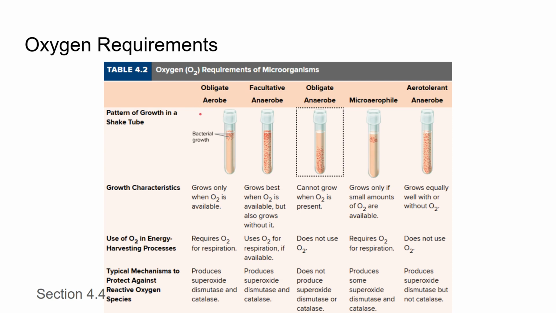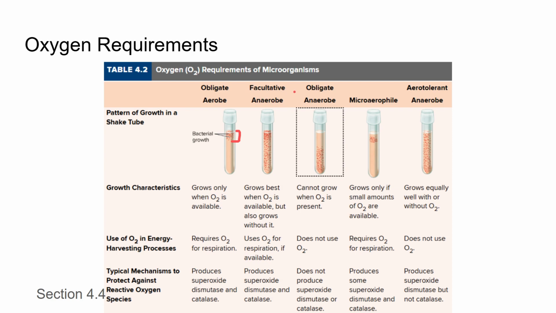These ones need oxygen. So in a test tube, they're going to grow more towards the top. And then they're going to have different mechanisms to fight oxygen. One of those that we're going to look at, and you're going to look at in the lab section, is catalase. The catalase enzyme can break down hydrogen peroxide.